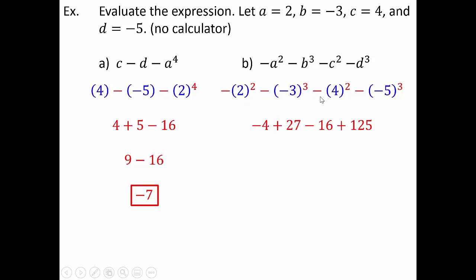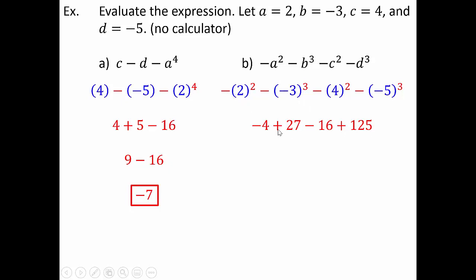I then have minus 16, and then plus 125, because negative 5 cubed is negative 125, which is being subtracted, which makes it positive 125. These negatives raised to powers can be tricky for the uninitiated, so until you're more comfortable with it, make sure that you're using parentheses to signify whether the negative is inside or outside the parentheses.